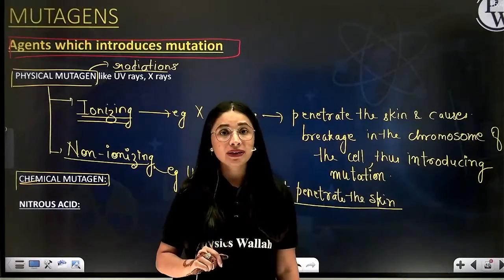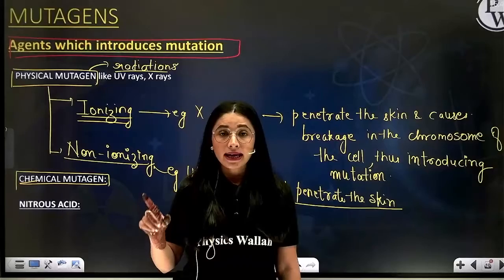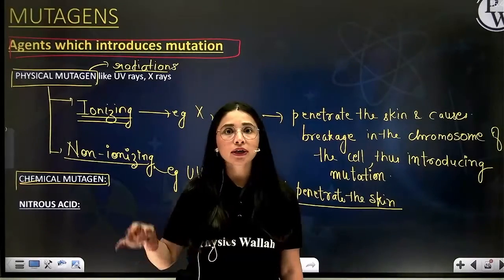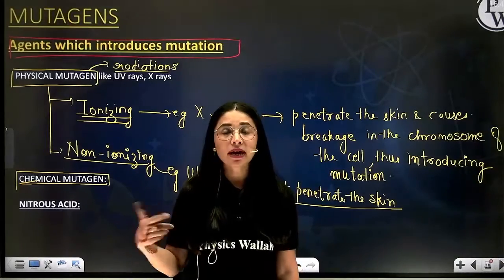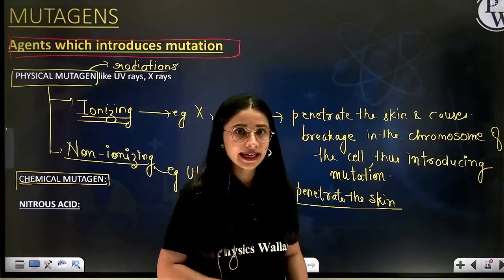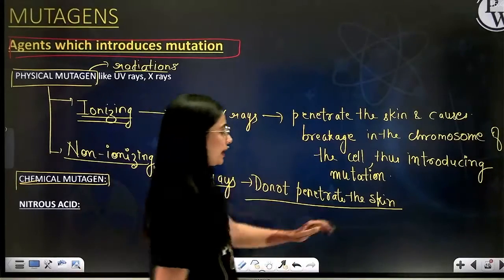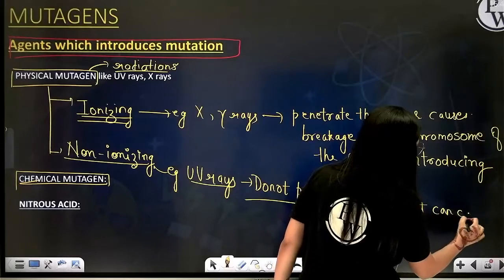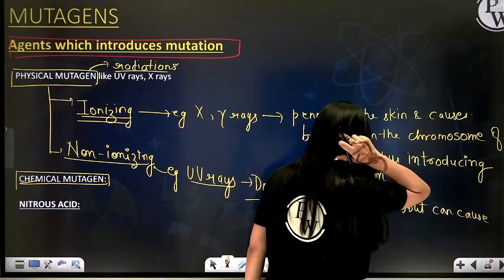That is why it is always suggested that if you go in the sun during afternoon time, try to cover your body or wear lotions which are UV protected. So these are non-penetrating but can cause cancer to skin cells.